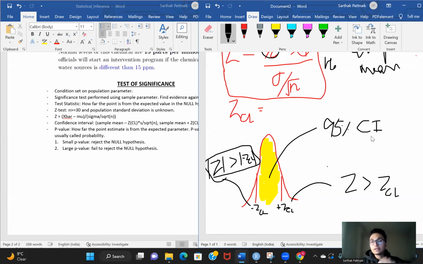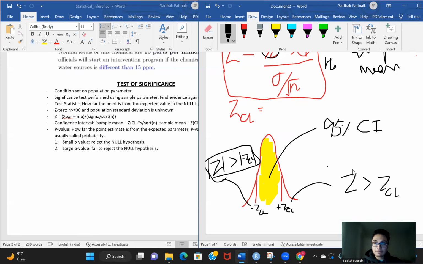And this particular idea of how we calculate Z and ZCL will come back when we'll be doing examples on hypothesis testing. We'll be coming to this point very soon. But understand now that if this is my confidence interval, these are my Z confidence level values.